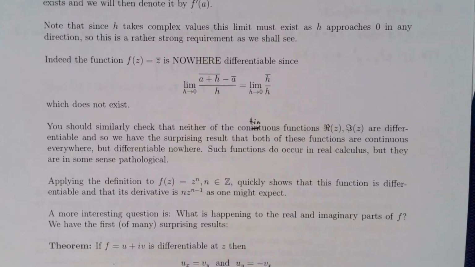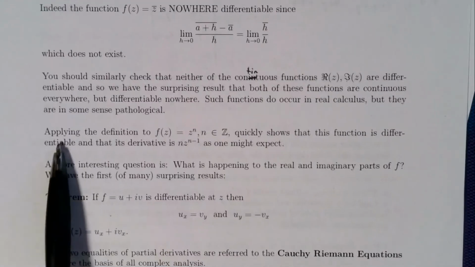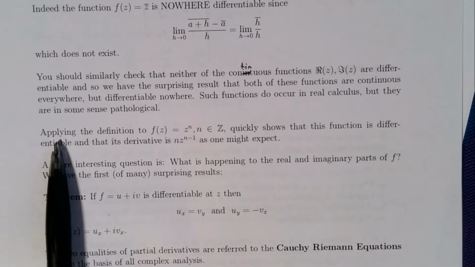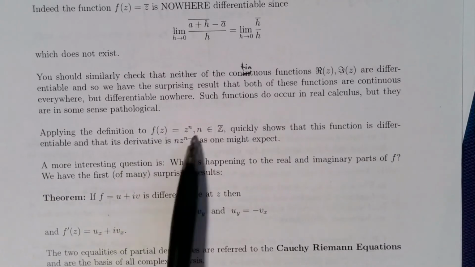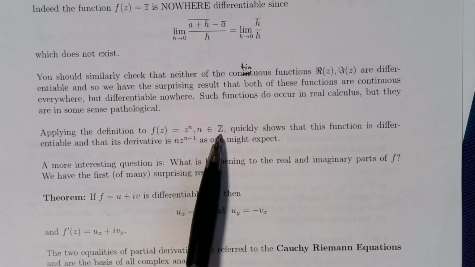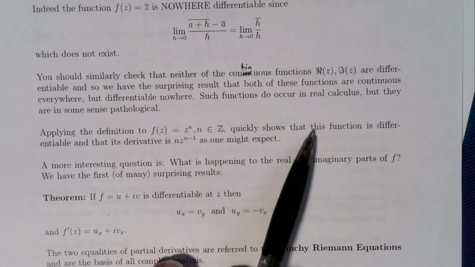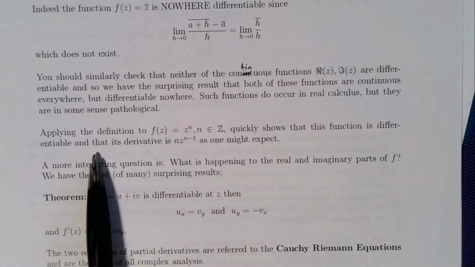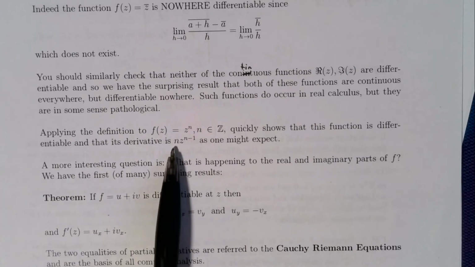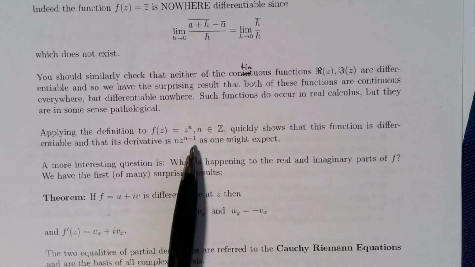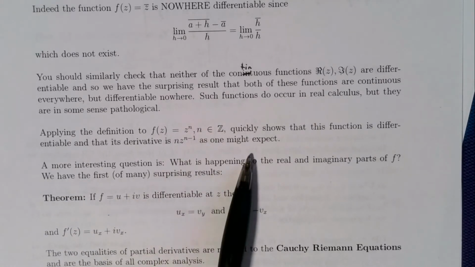Now again, as a little exercise, it's very easy, exactly the same as in real variable calculus. You can apply this to z to the n, where n is an integer, and if you do that, that quickly shows that this function is differentiable, and its derivative is, thank heavens, n times z to the n minus 1, as you might expect.